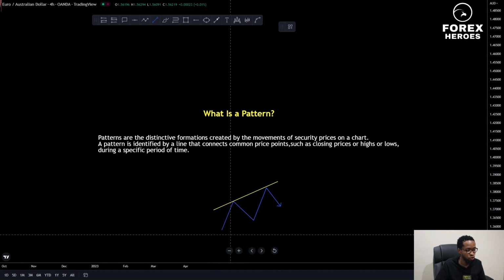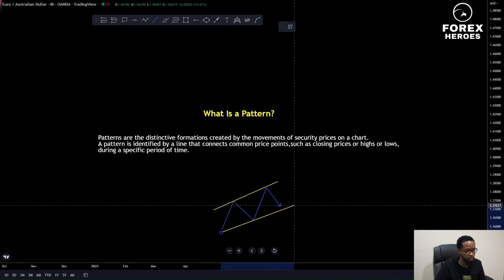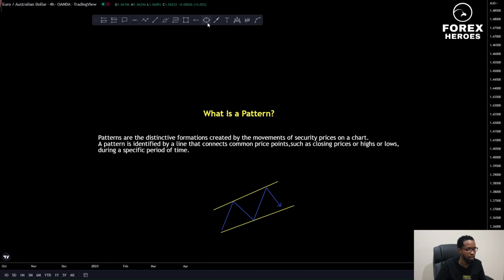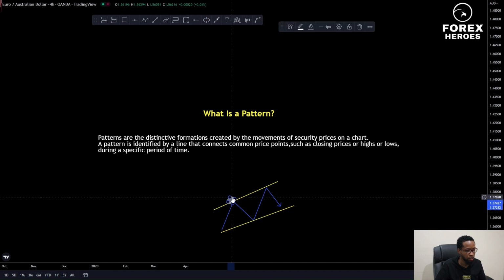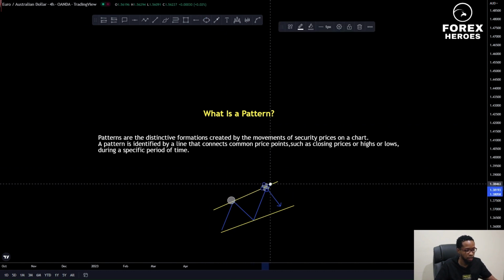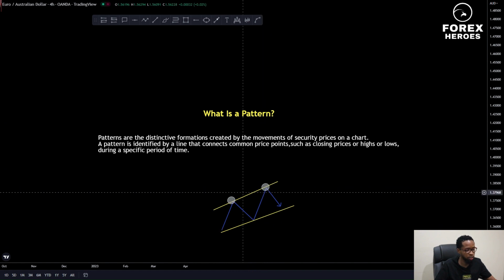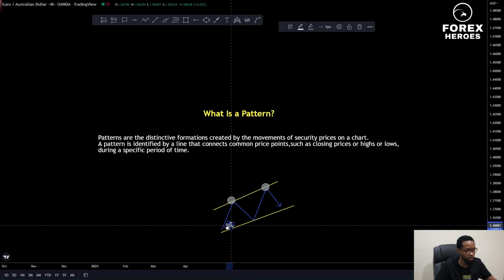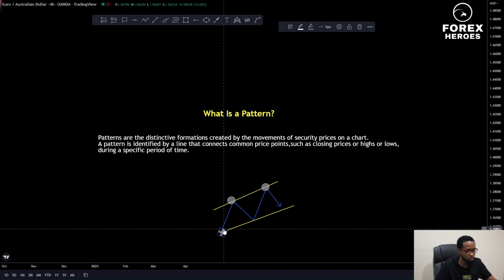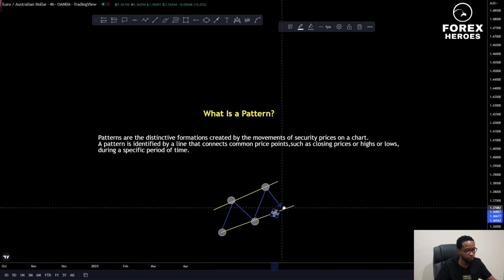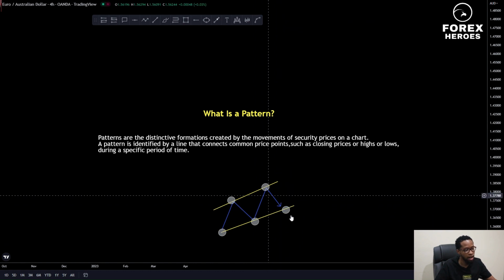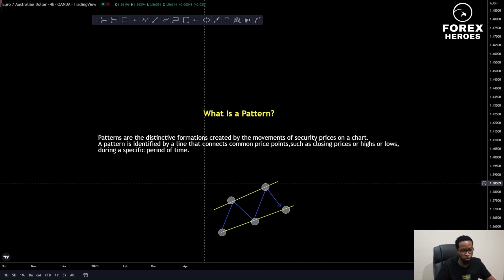And if you want to give it a little bit of direction, this is what is called a chart pattern. The first point will be this one, and the second one will be this one at the top, and then at the bottom you'll have this one, and then second, and if it comes and touches this one, it will be our third touch.